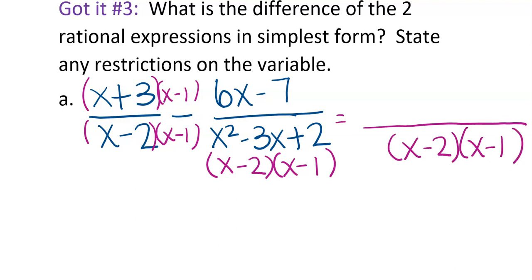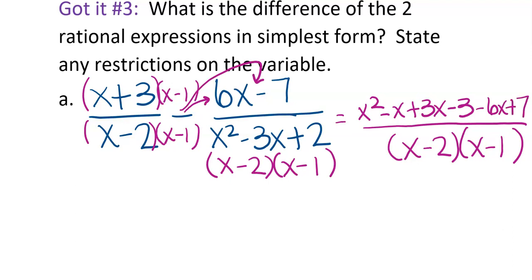So x plus 3 times x minus 1 would be FOIL, x squared minus x plus 3x minus 3. This negative carries through to both of them. So we get minus 6x plus 7. Now putting like terms together, we get x squared.